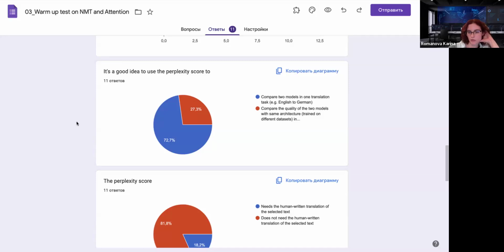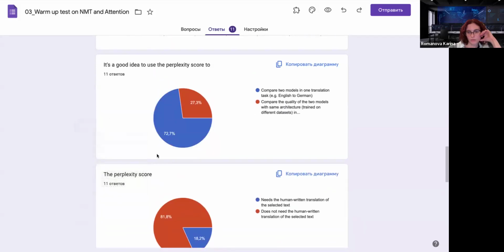Perplexity is a metric used to evaluate the performance of language models. We discussed that in the previous lesson. In the context of machine translation, it helps compare how well two models predict the sequence of words within the same translation task.